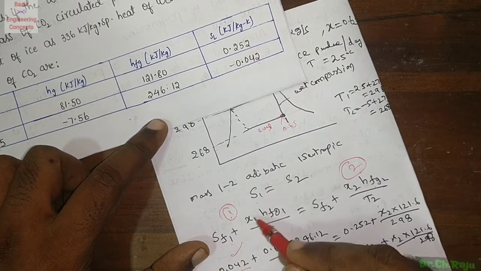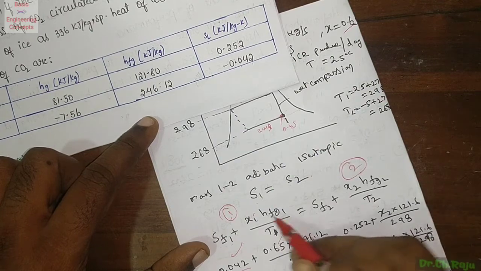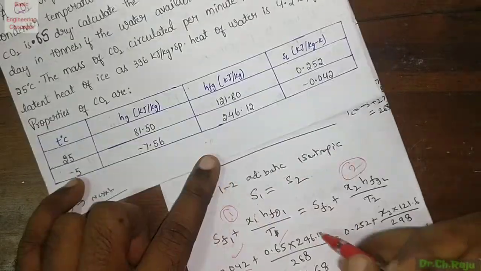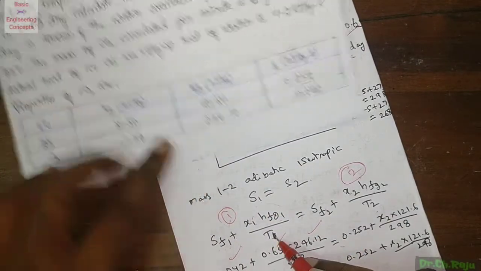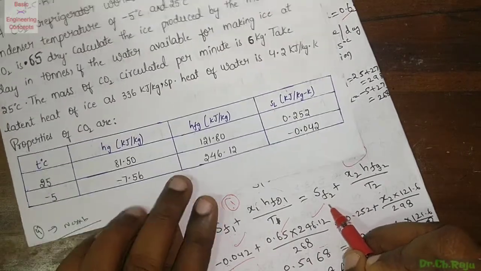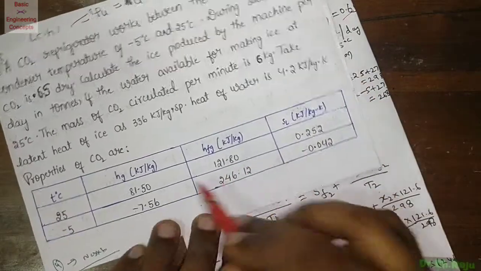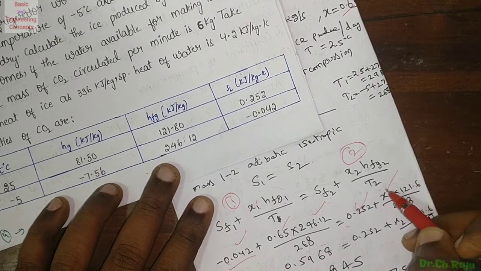Here x1 is already given as the dryness fraction 0.65. hfg at minus 5 is equal to 246. T1 is already known, minus 5 degrees, that is 278, equal to sf2 at condition 2, that is at 25 degrees, 298, which is given as 0.252. x2 is unknown.